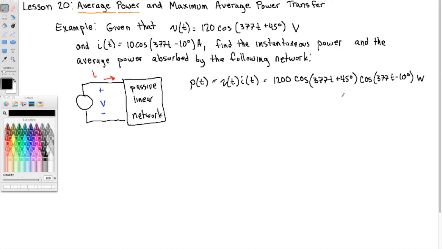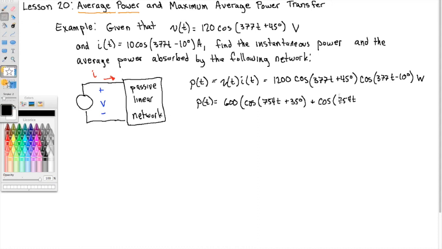And from that trigonometric identity, cosine of A times cosine of B is the average of the cosine of the sum and the cosine of the difference, we can reduce this to p of t equals 600 times the cosine of twice the frequency, 754t plus 35 degrees, plus the constant term from the cosine of 55 degrees.